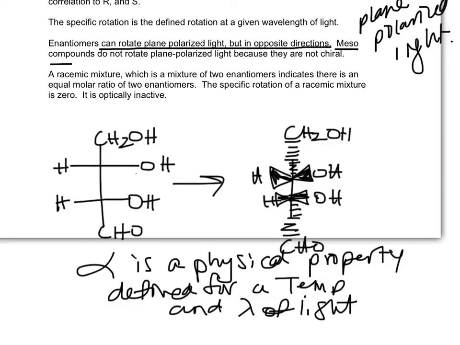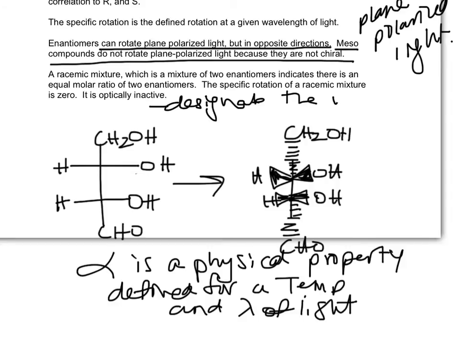Meso compounds do not rotate plane polarized light. You can designate the rotation using positive and minus.